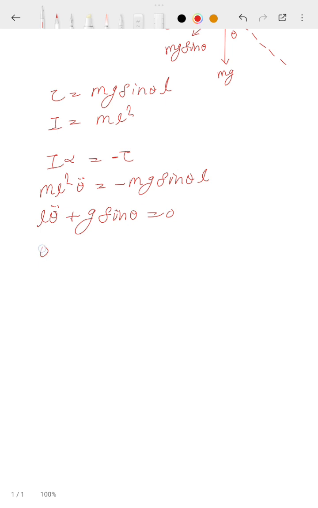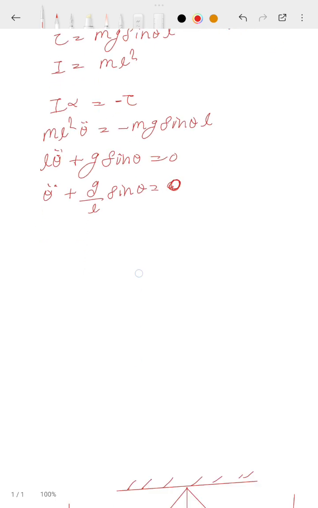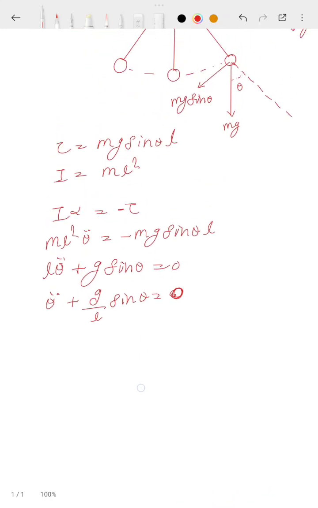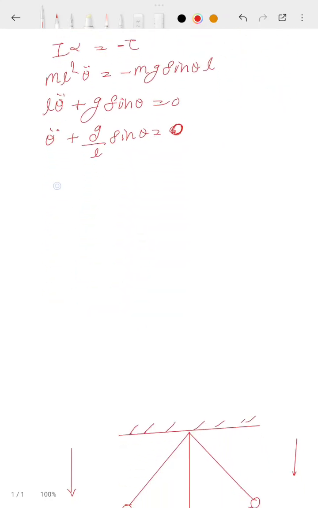So we take it as theta double dot plus g upon L sin theta equal to 0. So from this we can write that omega, the natural frequency, will be square root of g upon L, and we can also write T, the time period, will be 2 pi square root of L upon g.